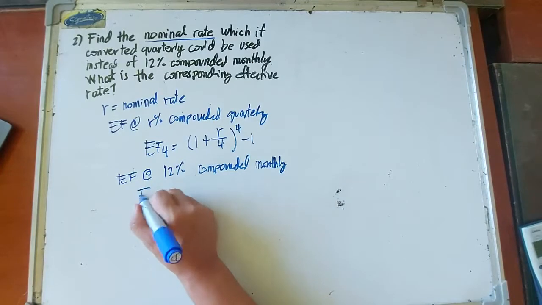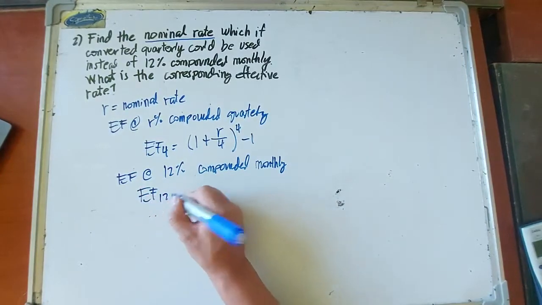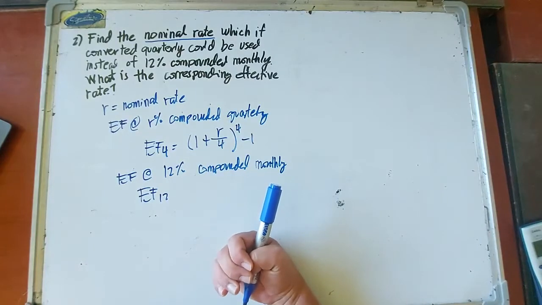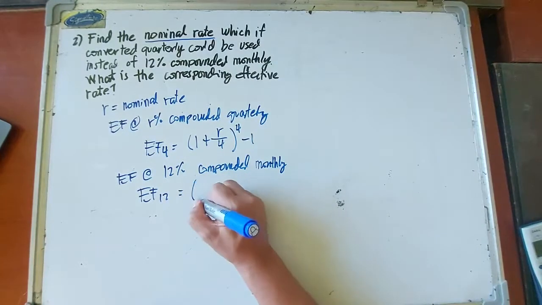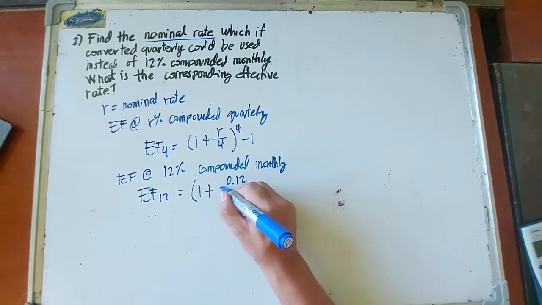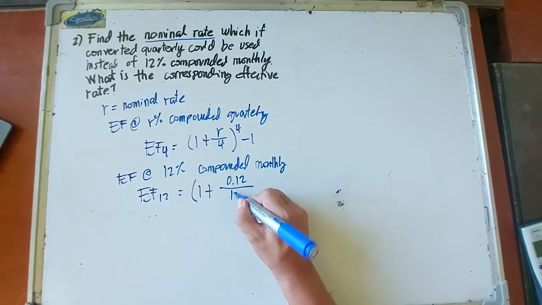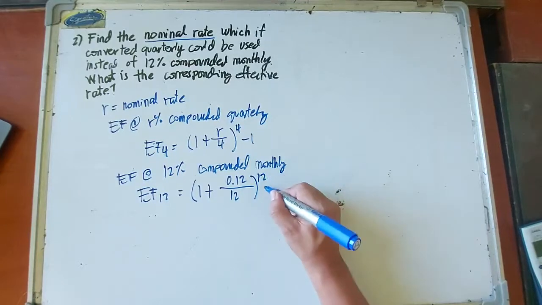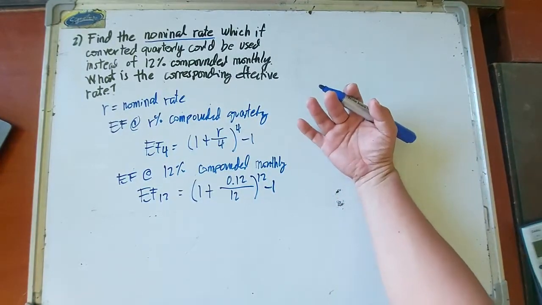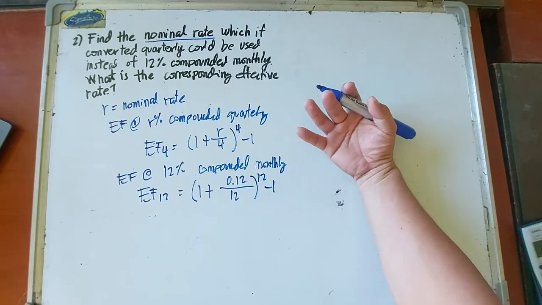So let's say EF sub 12 indicates that it is compounded monthly since we have 12 months in a year, is equal to 1 plus 12% in decimal form divided by 12 raised to 12 minus 1.